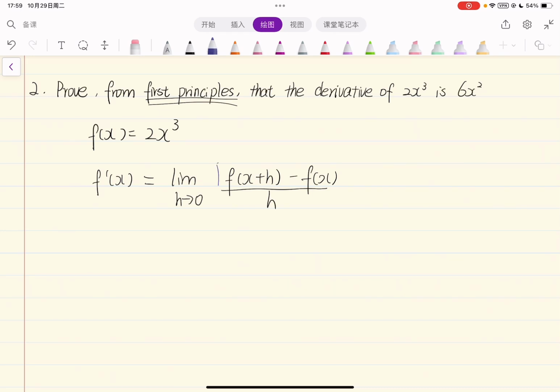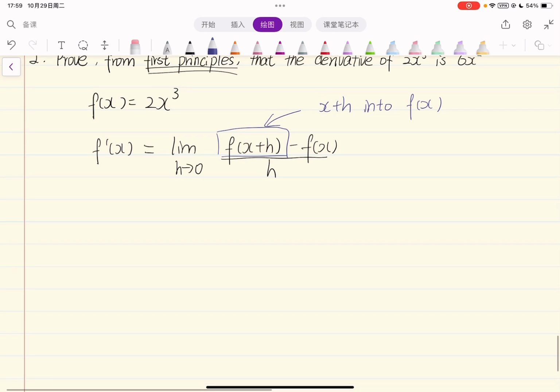For f(x plus h), you substitute x plus h into the function. So we have the limit as h tends to 0 of 2 times (x plus h) cubed minus 2x cubed over h.